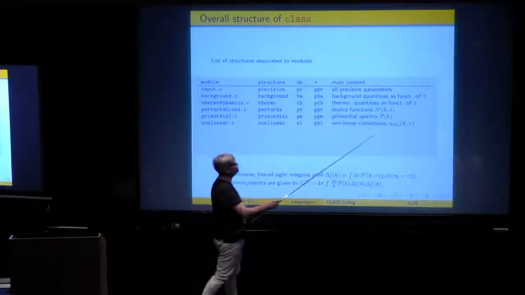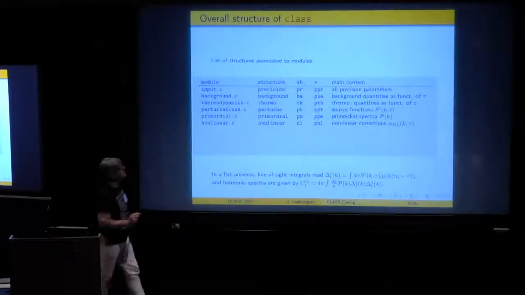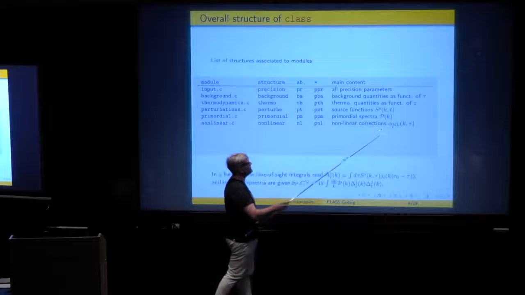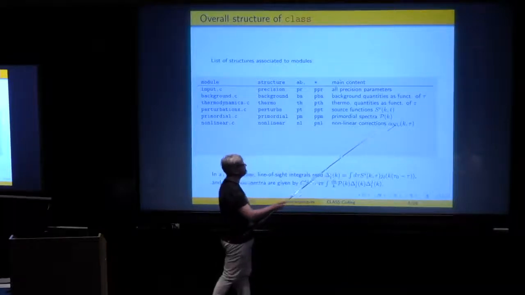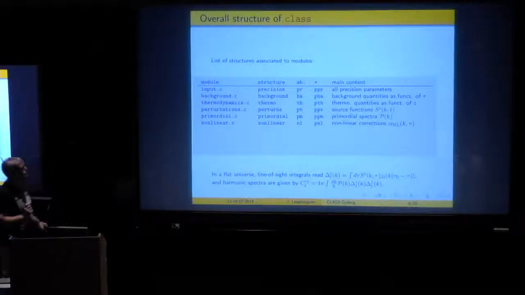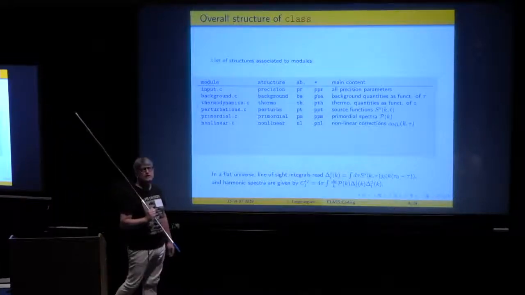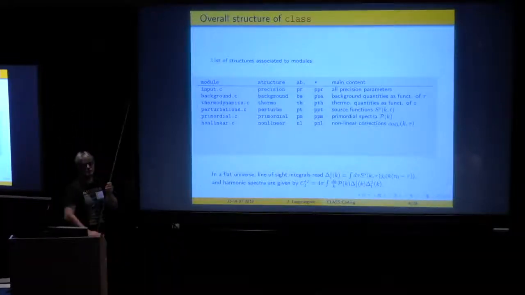So it's the square root of PNL over PL. These corrections will be used at the end when outputting the nonlinear power spectrum, PNL, but also to get a nonlinear version of the CMB lensing spectrum or the galaxy shear or the cosmic shear spectrum.